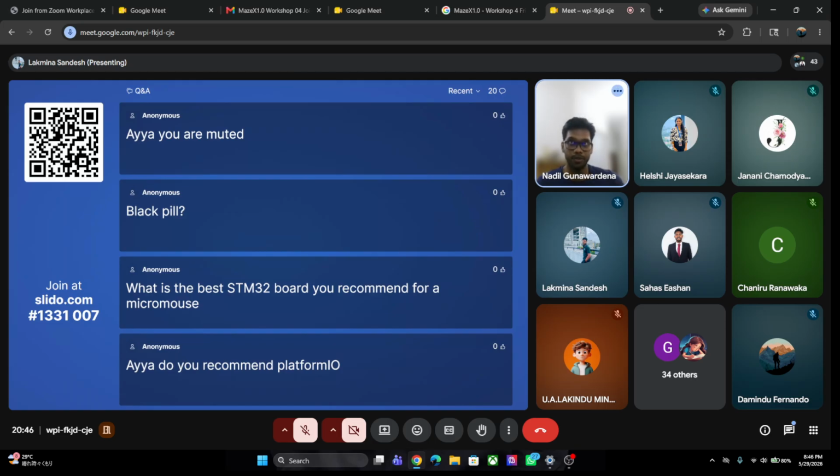If you are a beginner, I don't know whether you are or not, just start with an STM32, a Blue Pill or whatever. I think the Blue Pill is the least expensive, right? Just start with that one.